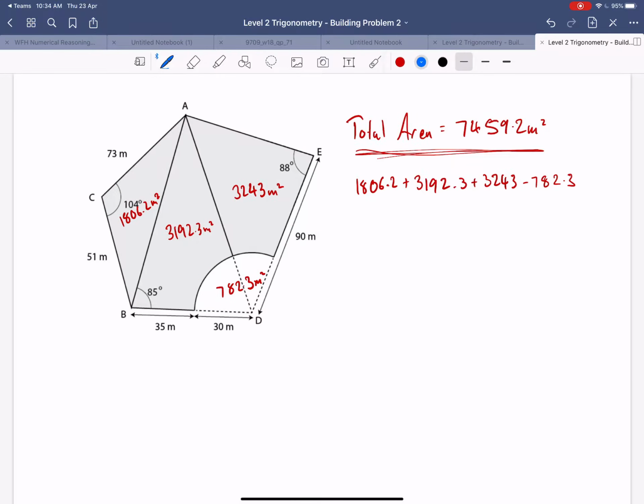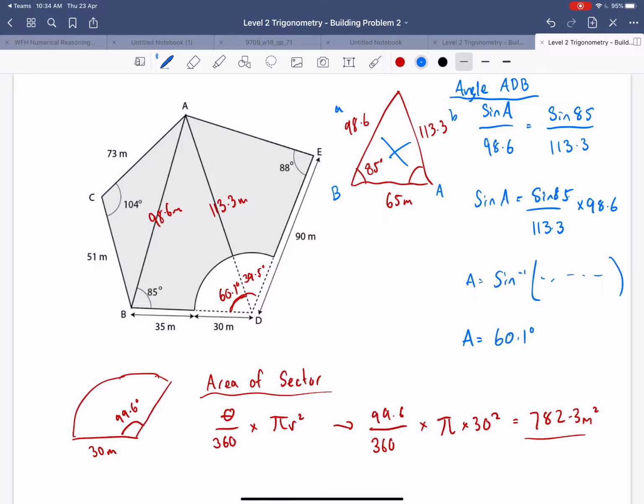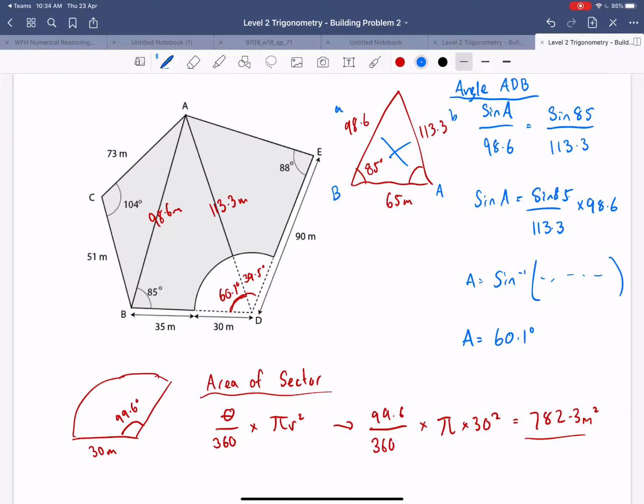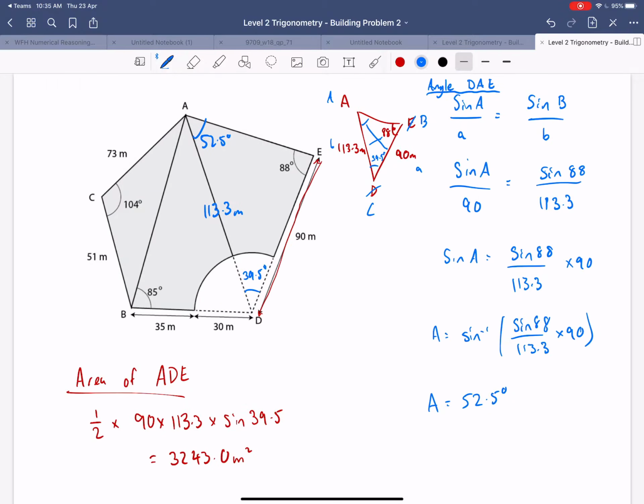So AE is back from the triangle ADE, which is here. Okay, so as I said earlier, there was two ways of doing it. Either I can use the cosine rule with these two sides and this angle, or I can use a sine rule. I personally prefer the cosine rule, so I'm going to use the cosine rule using the two sides and the angle between.